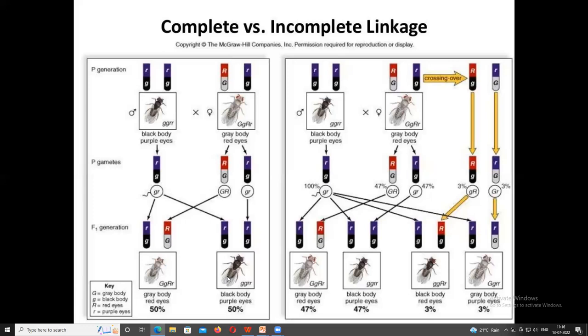Crossing over and linkage are basic, so you will get questions from this. Linkage is there? Yes. Complete linkage and incomplete linkage. In this complete linkage, we have taken these two parental combinations.